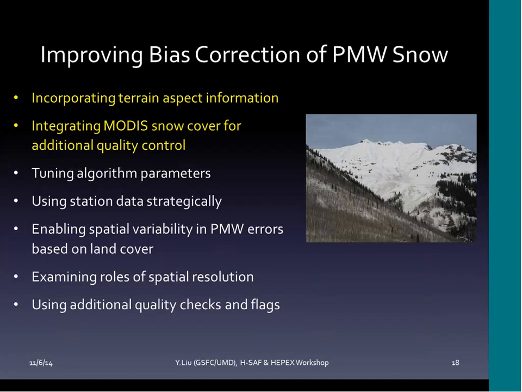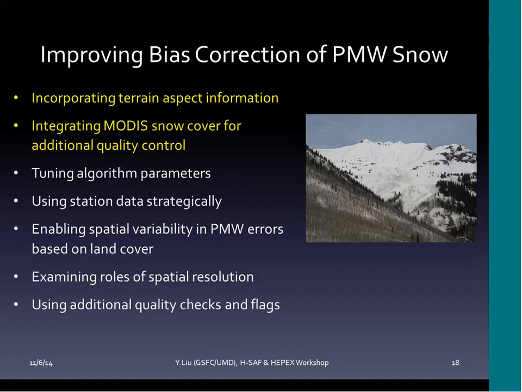The first thing we did was to incorporate the terrain aspect information. As you see in this picture, you have two slopes adjacent to each other, and one has snow, one has no snow. The reason is that the aspect is different. The one without snow is south facing, and the one with snow is north facing.